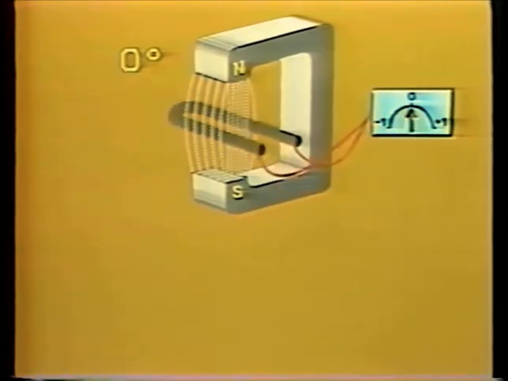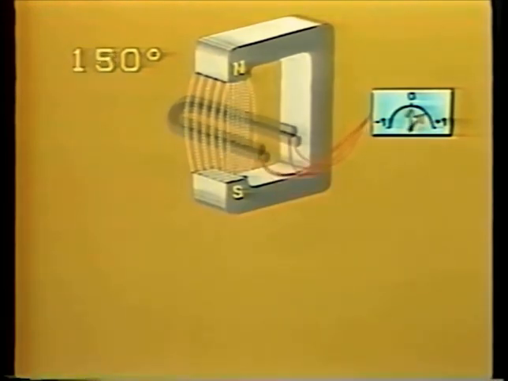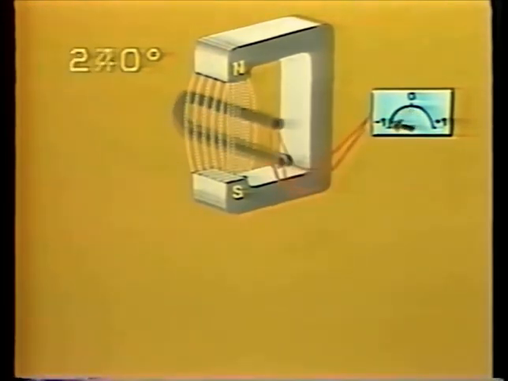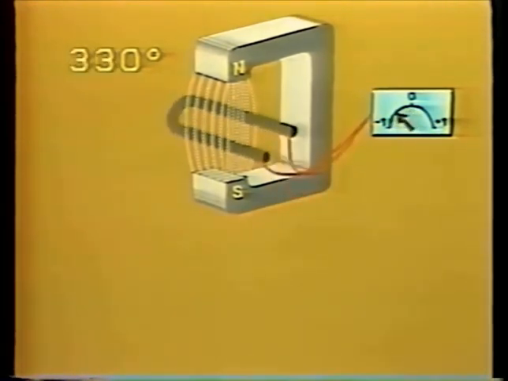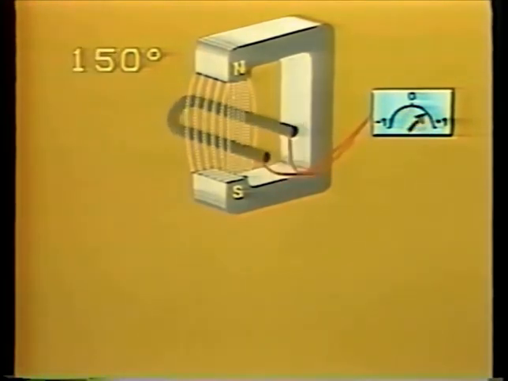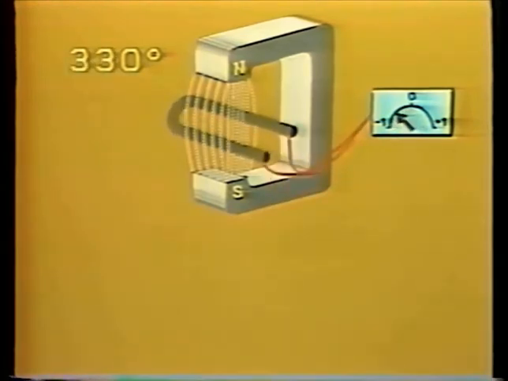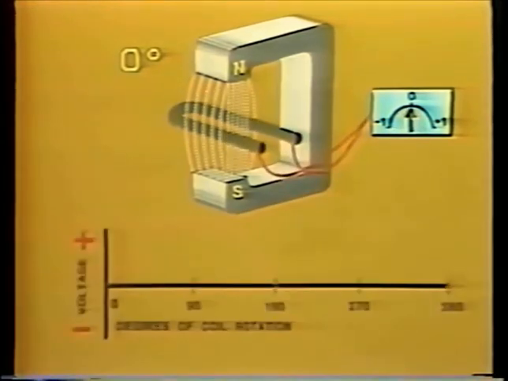The magnetic lines of force, sometimes called flux, are shown here. As we see here, the rotation of the coil of wire between the poles of the magnet will produce voltage. This graph shows the variation of voltage with time.